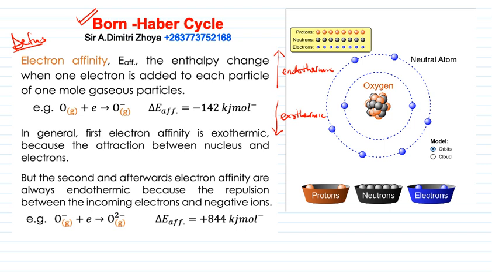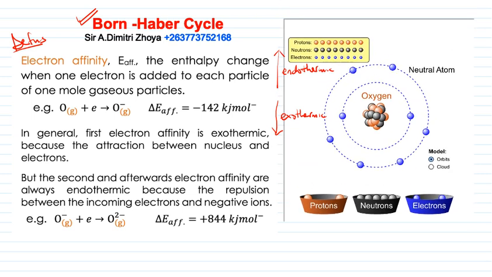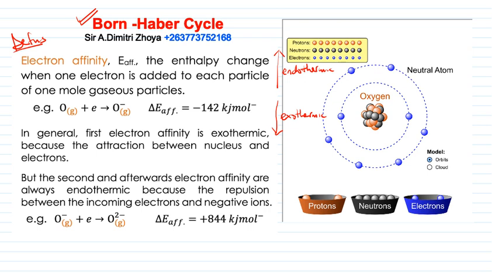So this change is exothermic. So for example, we've got this oxygen atom here, it is neutral. So the nucleus is positively charged, so we need to add an electron.